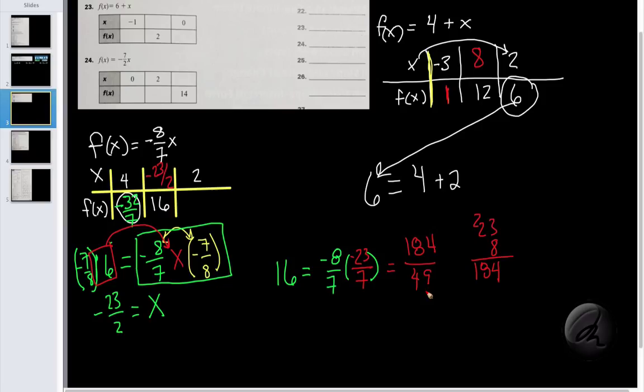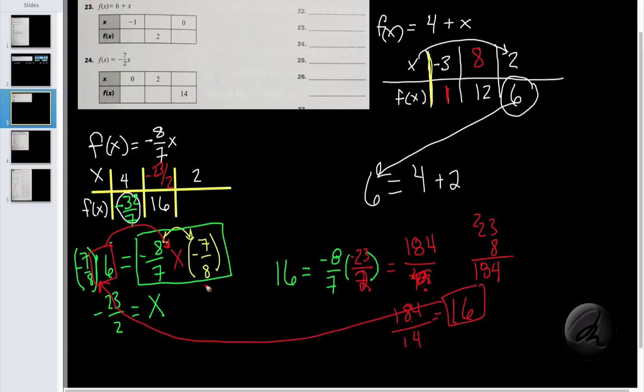Something doesn't seem right. Oh, that's why it doesn't seem right, because that's actually a 2, not a 7. So this would actually be 184 divided by 14. And if you do the math, 14 goes into 184 16 times, which is the value of my function according to the problem it gave me right here. Okay? All right, so that's all I will do for now.